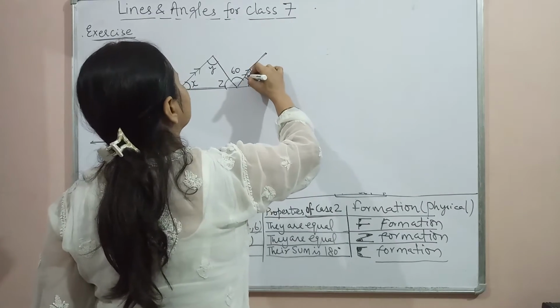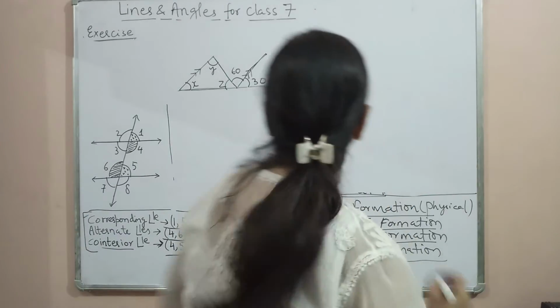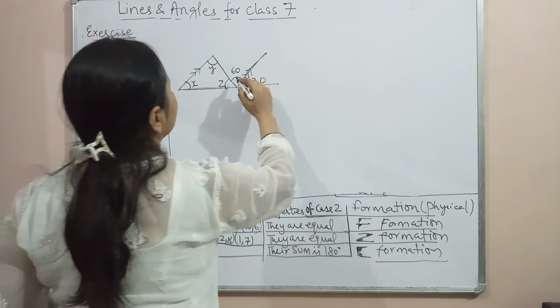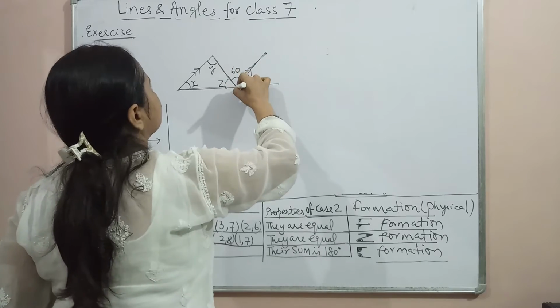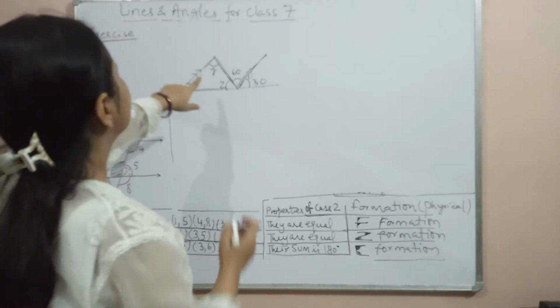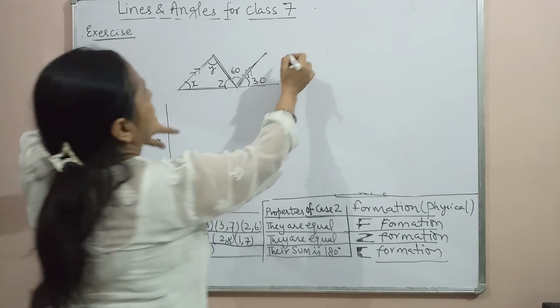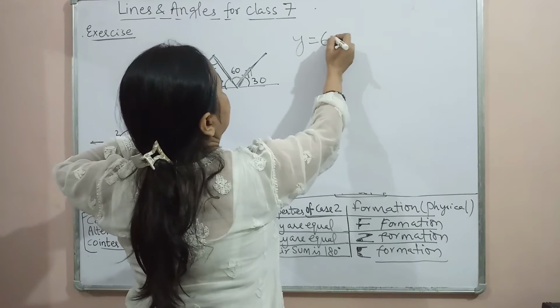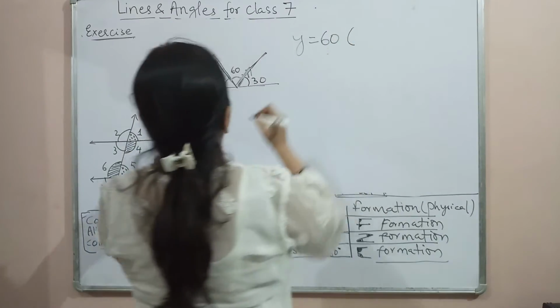Now here again we have to find out the direct relation. First, you see this line, this is a Z formation, right? Now if this is a Z formation, you can see if this is 60, Y will also be 60, and we have used the alternate angle property.